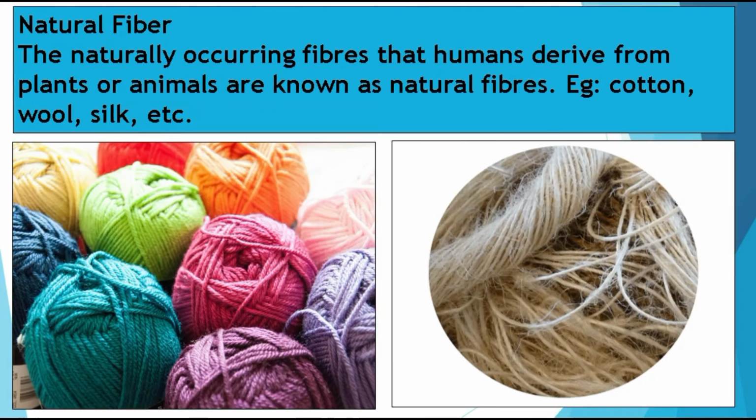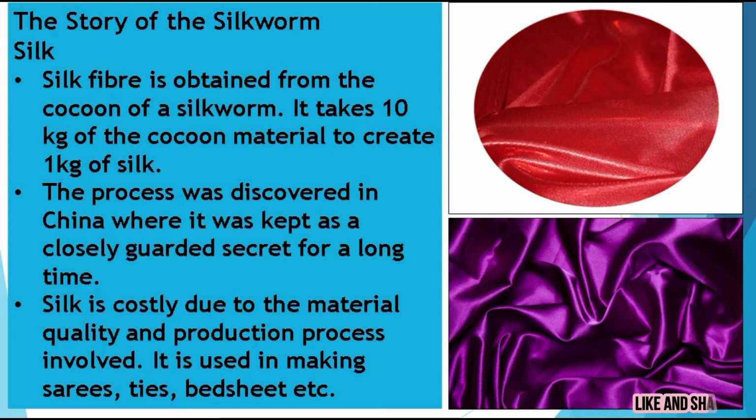Now students, as you can see here the heading natural fiber. Natural fibers occur naturally in nature, and humans derive these natural fibers from plants or animals, for example cotton, wool, silk, etc. Now students, as you can see here the heading, the story of the silkworm.